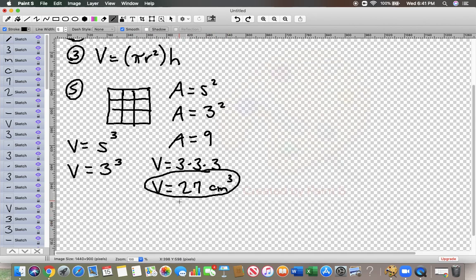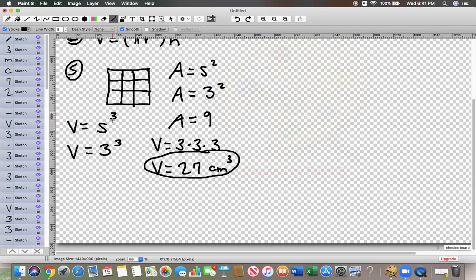All right, let's move to number 7. Number 7, we're doing the same thing. We're finding the area of the base. Notice up here in number 5, the area was equal to how many square units can I fit? Well, 1, 2, 3, 4, 5, 6, 7, 8, 9. So the area was 9 square centimeters.